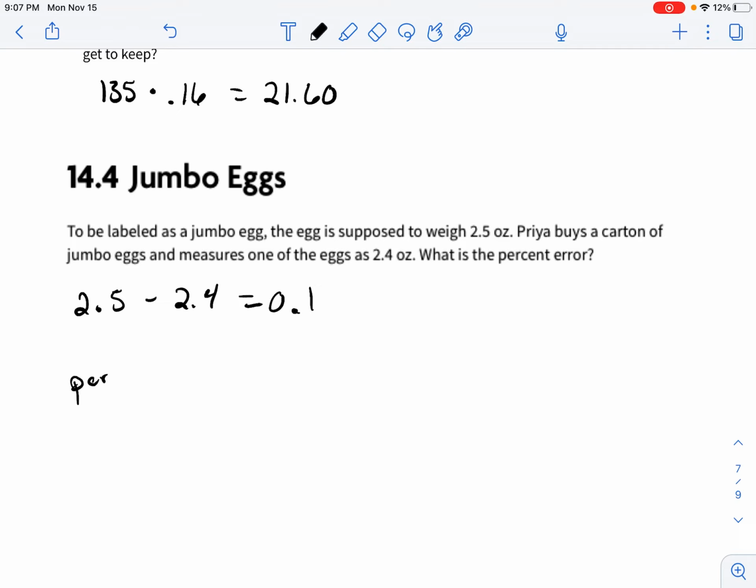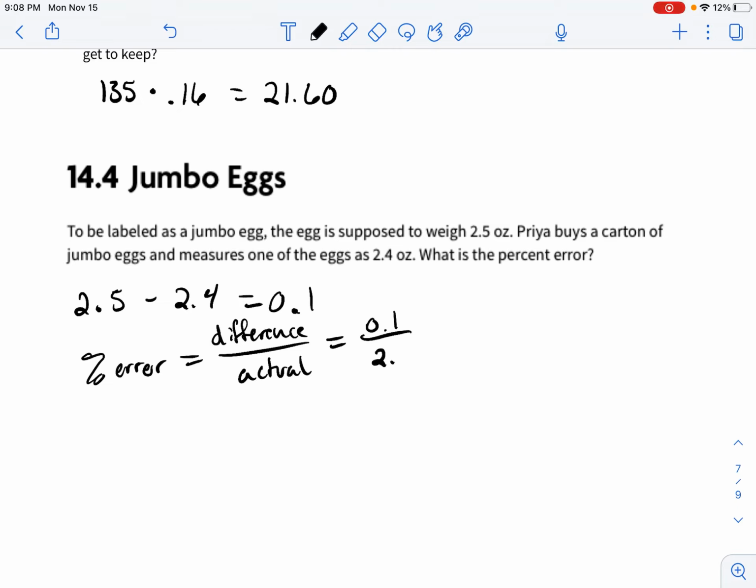So now, percent error once again is equal to the difference divided by actual. So this is going to be 0.1, that was the difference.